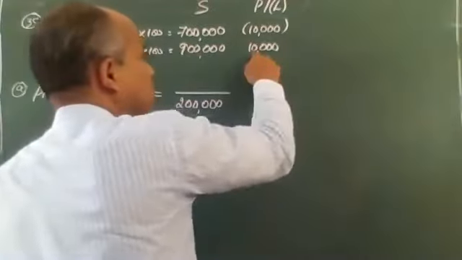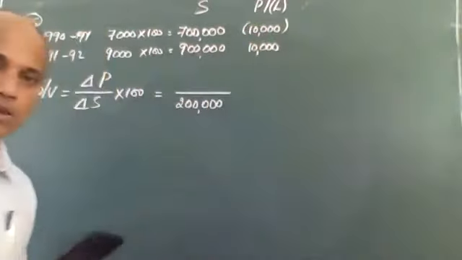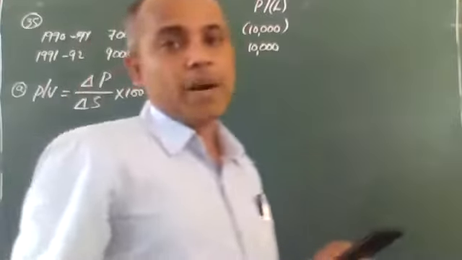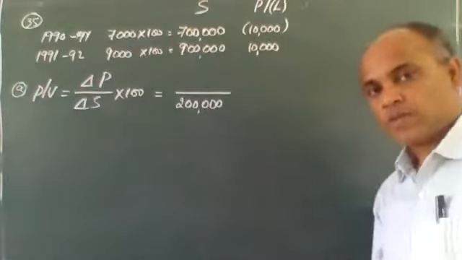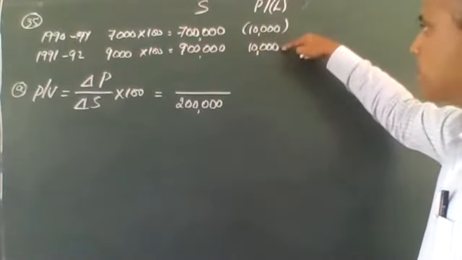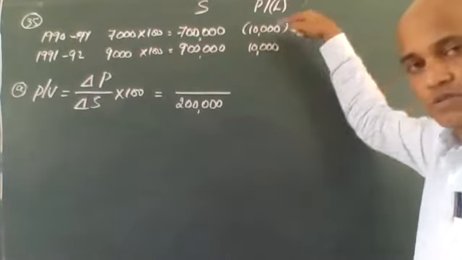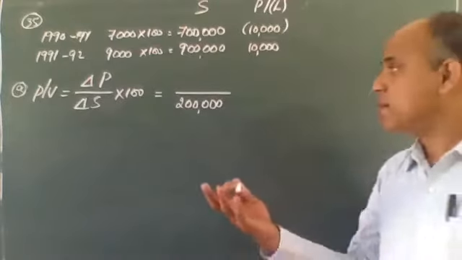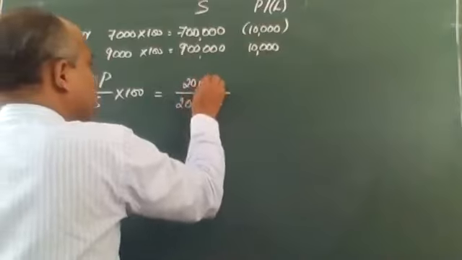Is it 10,000 minus 10,000? Remember guys, this is a loss. So it is 10,000 minus minus 10,000. It is minus of minus, which is plus. So the difference in the profit is actually 20,000.